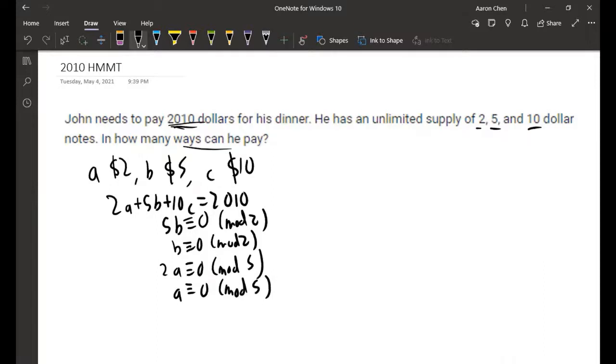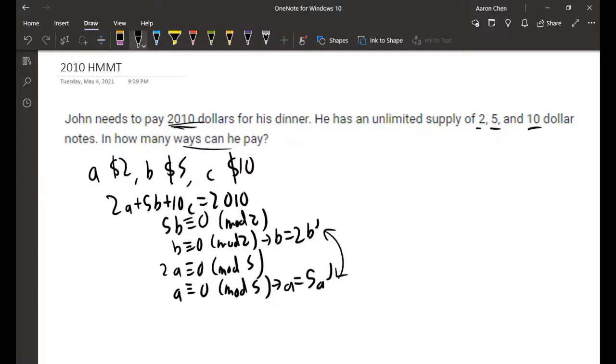B congruent to 0 mod 2 implies that B is in the form 2B prime, and A congruent to 0 mod 5 implies that A is equal to 5A prime for some A prime. In both cases, B prime and A prime are non-negative, because it's possible that he paid no $2 bills or no $5 bills.